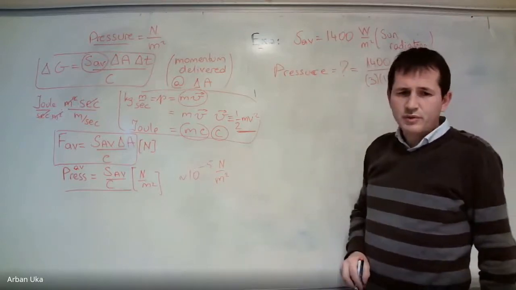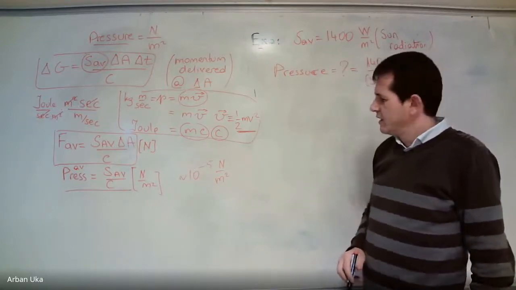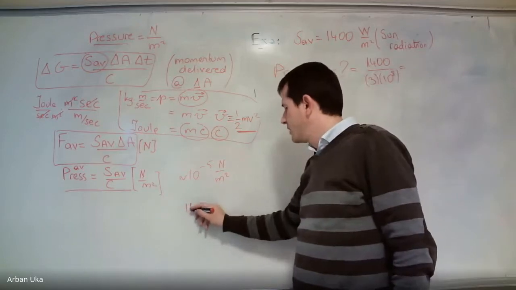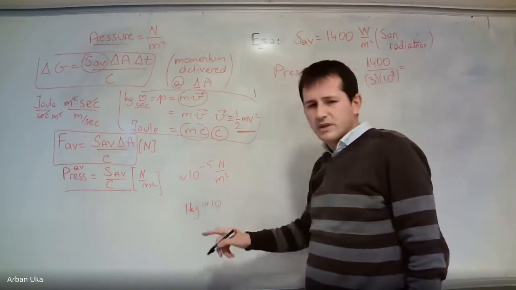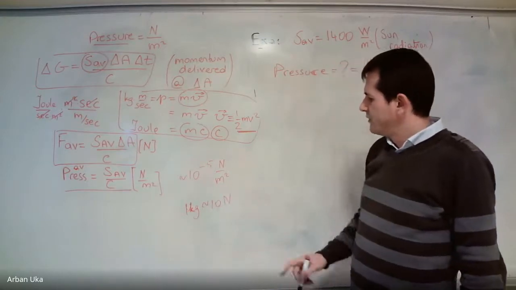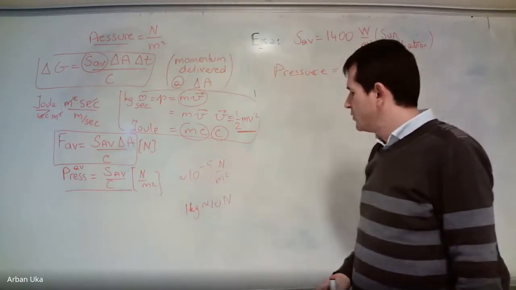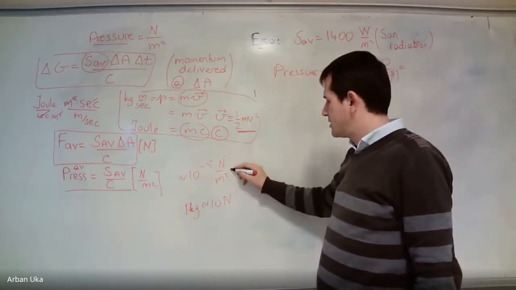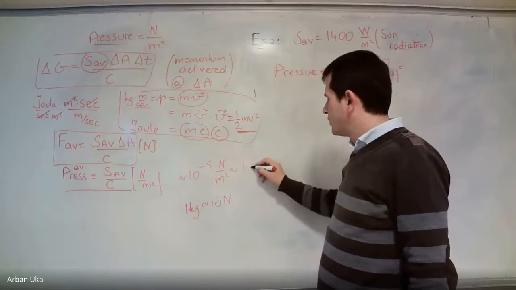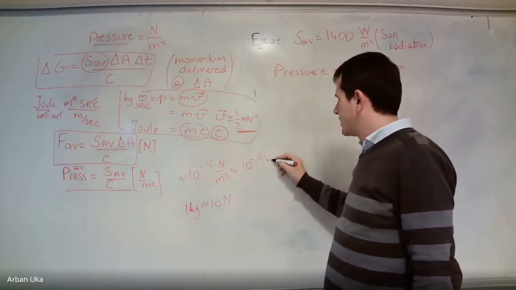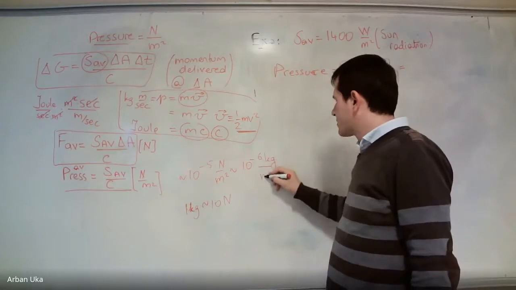What does this correspond to? Let's remember that 1 kilogram is approximately, not approximately, it's actually equal to, or approximately 10 Newton. So if this is 10 to the power minus 5 Newton per meter square, we can divide by another 10, and this is equivalent to 10 to the power minus 6 kilogram per meter square.